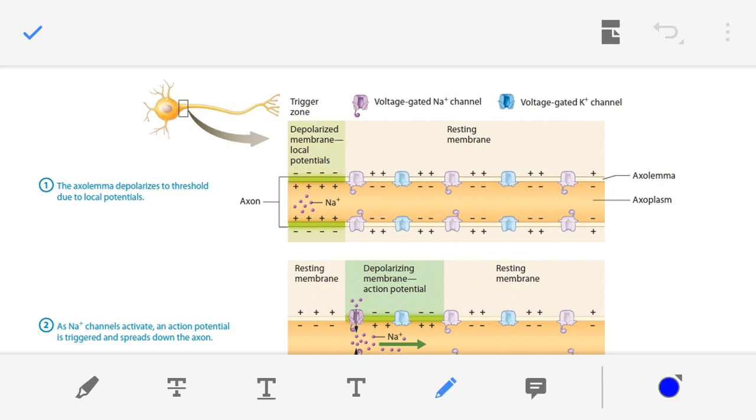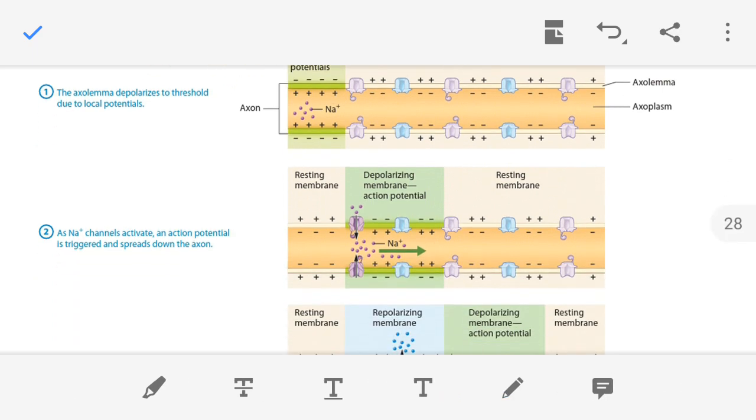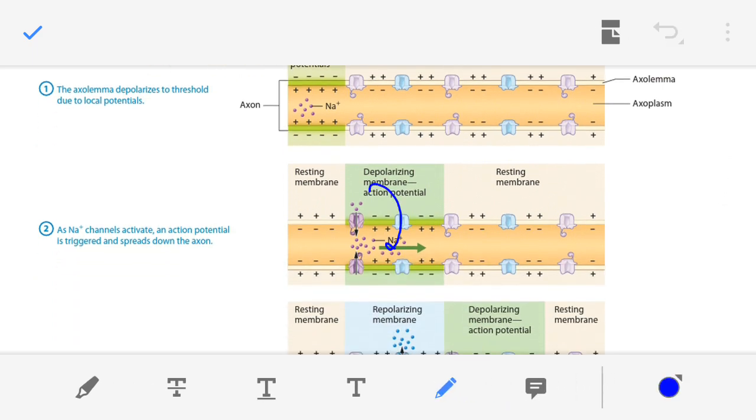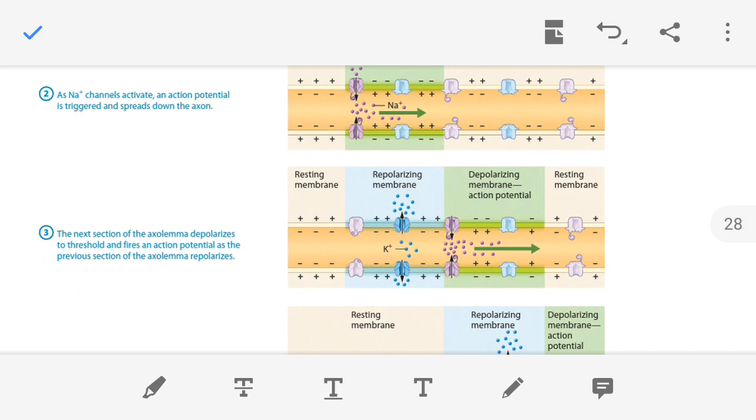So in this region, what happened? The Na plus channels open, so Na plus enters here, and this portion is depolarized. Now this portion is going to affect the next portion. Here again the Na plus channels open, Na plus enters, and that portion is depolarized.